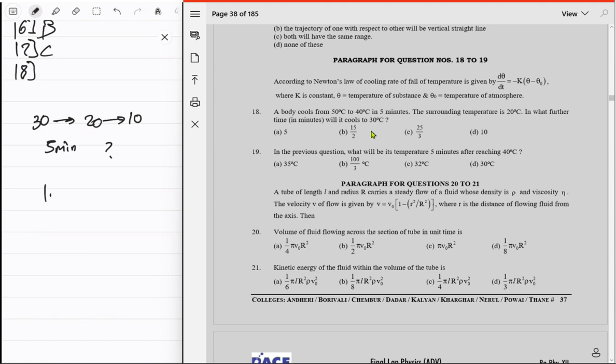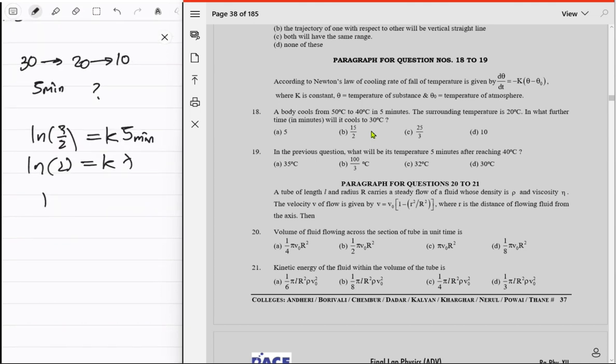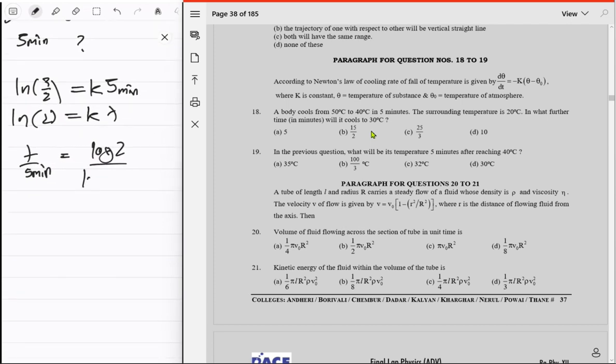Just natural log of 3 upon 2 equal to k times 5 minutes, and natural log of 2 is equal to k times the time required, t. So t upon 5 minutes is equal to natural log of 2 upon this thing, which I guess you can also write like this, log base 10 of 2. So I won't make mistakes again, actually evaluate natural log, log base 3 minus log base 2, right?